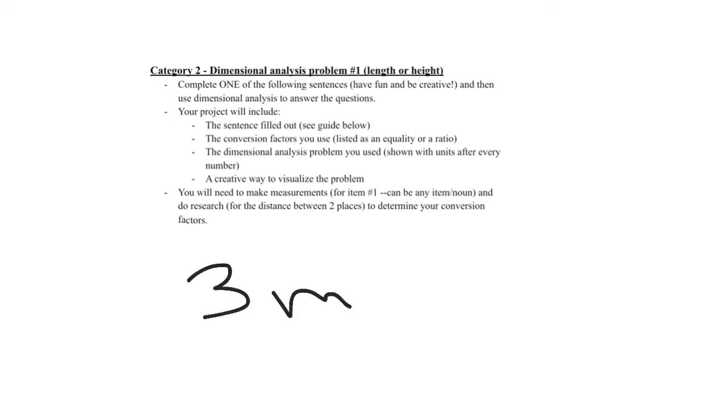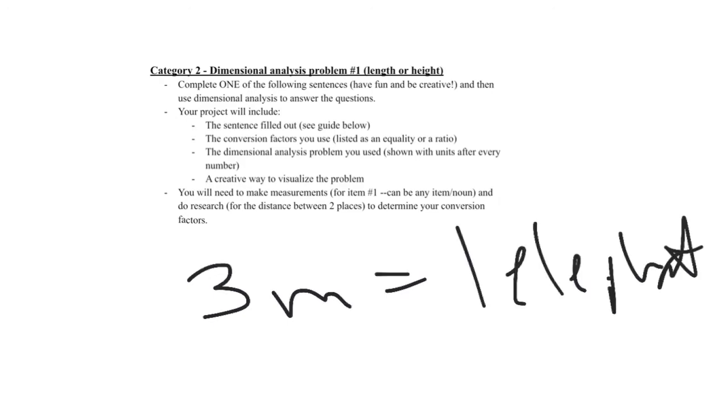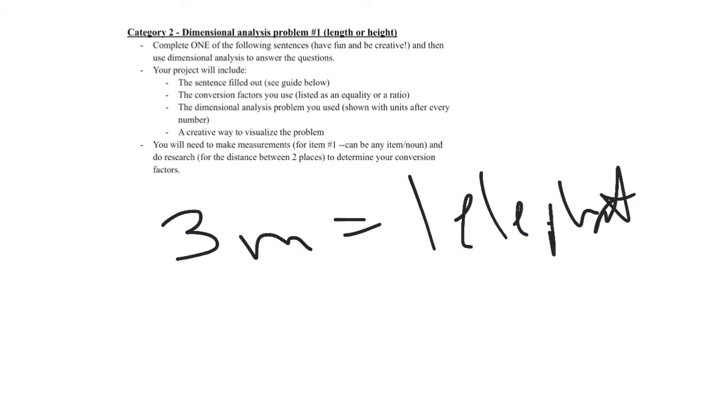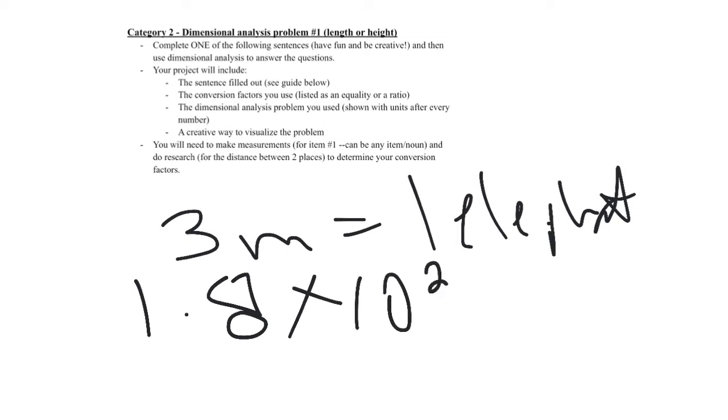I don't remember. Equals 1 elephant. And then we took that and we multiplied that height by 1 mole. And so 3 times Avogadro's number gave us 1.8 times 10 to the 24 meters of elephants.